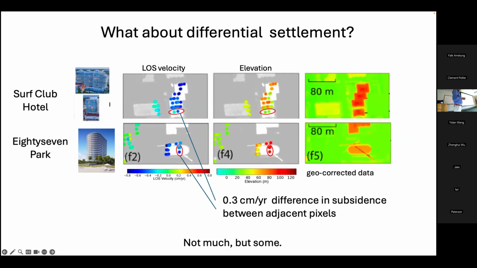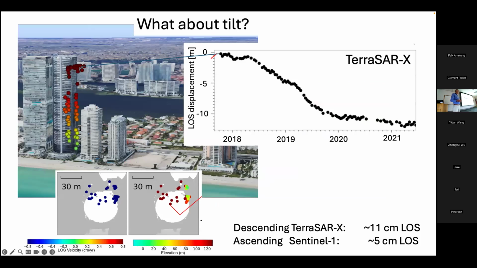Here, for example, in the Surf Club Hotel, there are 2 pixels with different velocity, 0.3 different, and they are right next to each other with the same elevation. In the 87 Park, the same thing. So there is some differential settlement, but most of the signals we see here are all going down with more or less the same velocity.